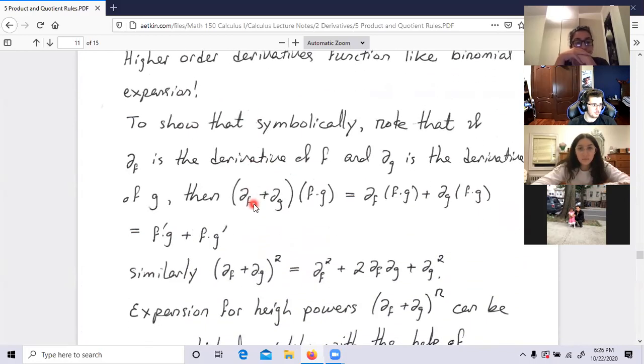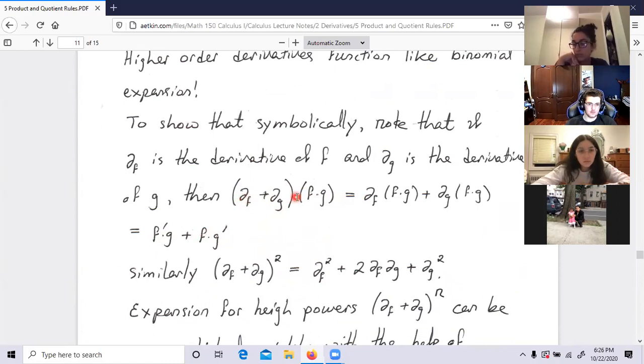And we can actually represent it by using this symbol. This symbol means partial derivative, or derivative with respect to f, and this means derivative of g. So this is just derivative f, derivative g. And you can see that I just multiply it through, right? Distribute it, and I get this expression.